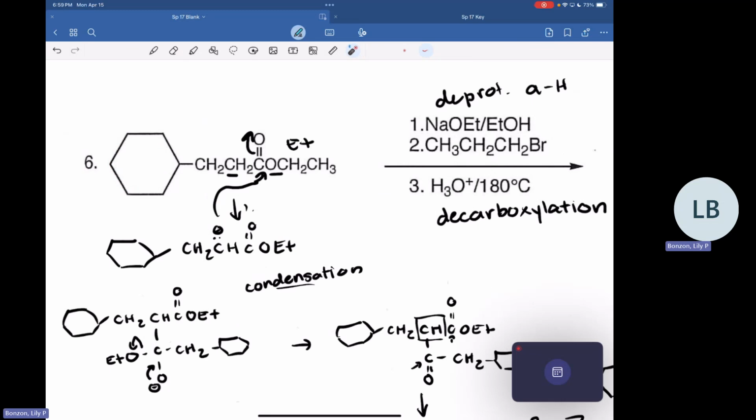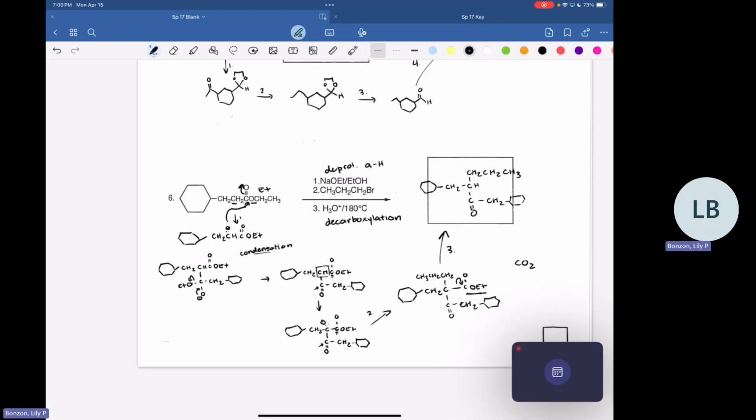So the first step was the deprotonation with the NaOEt. So that's this right here. This is just an O-ethyl group. Right here. Yeah. No, my handwriting is not great. Yeah. No problem.